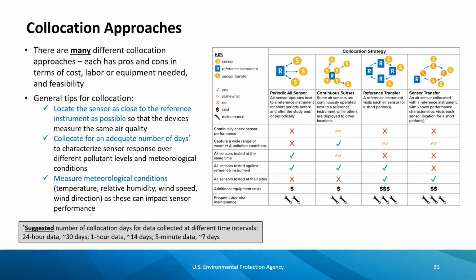If you are using the periodic all-sensor co-location strategy, this may mean you'll have to repeat a co-location when the season changes or after several months to check for gradual changes. For longer-term projects, you may need to consider one of the other co-location strategies in the table on the right. For short-term exploration studies, we've listed some minimum co-location suggestions at the bottom of this slide.